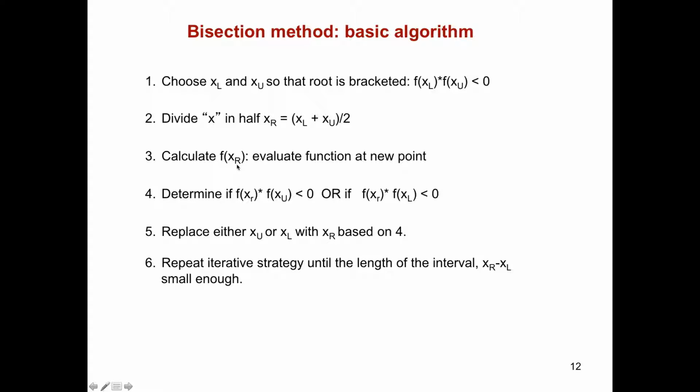Calculate f of xr, evaluating the function at this middle point. Then based on whether f of xr times f of xu is less than 0 or not, I will choose my next upper or lower limit. And repeat until this interval is small enough, and you decide what small enough is.